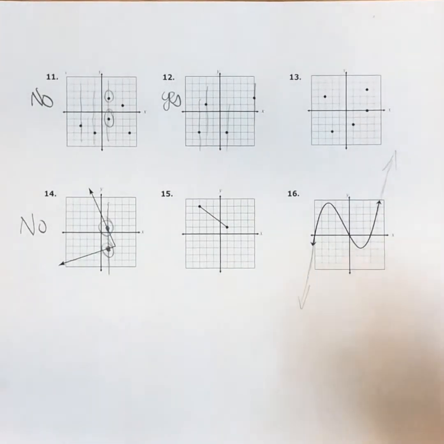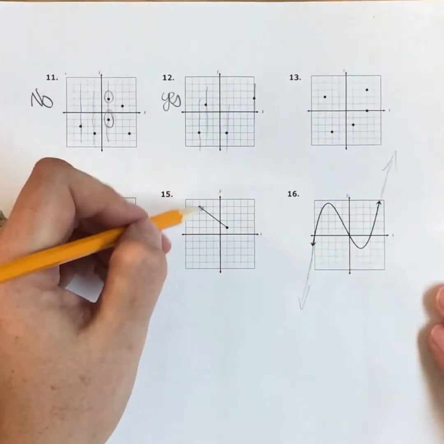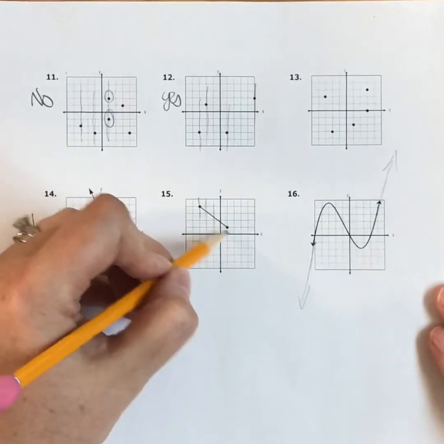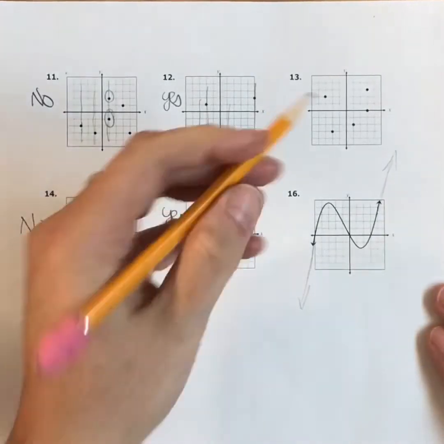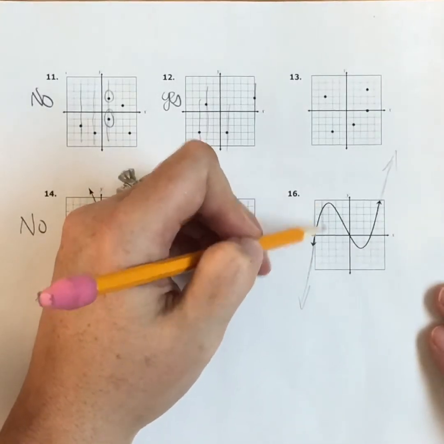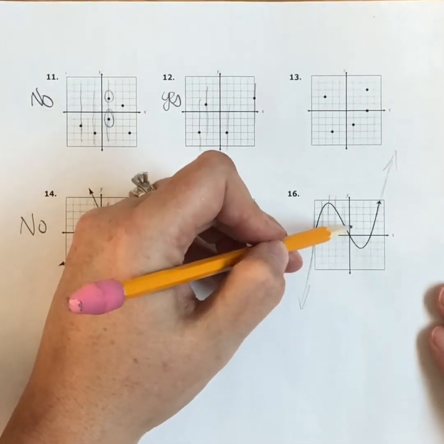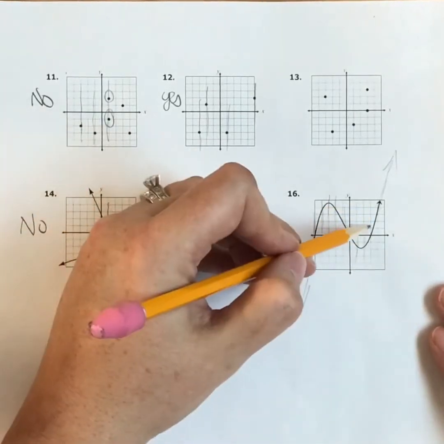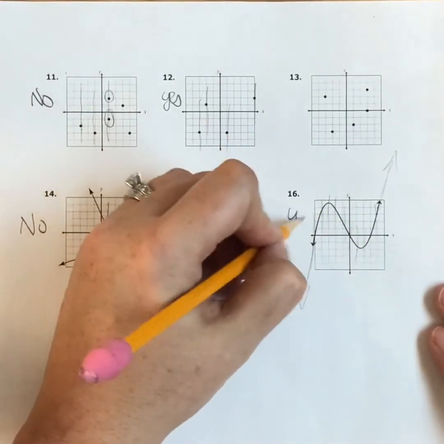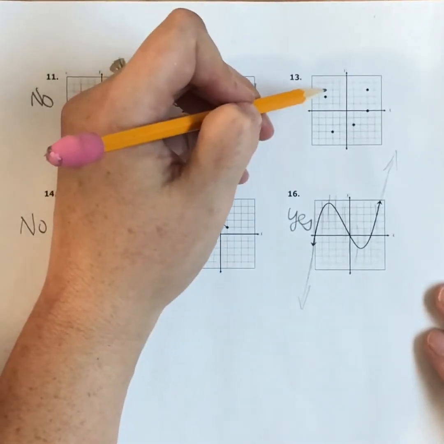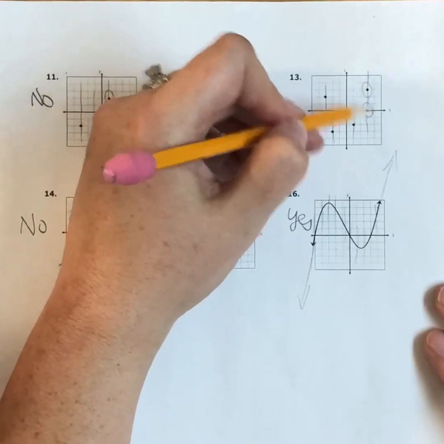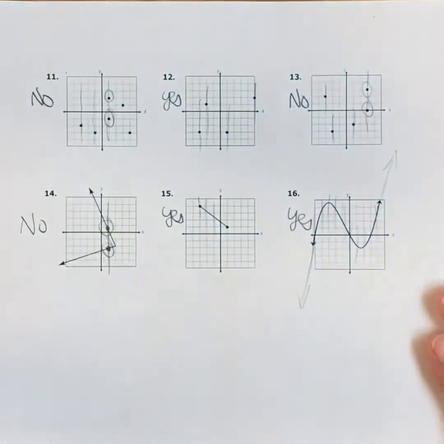In fact, let's just go through these together. So here we know each one of these are only hitting this line once, so yes, it is. And same thing here, if I was to draw all these vertical lines, it's only hitting that curve once. So yes, it is. And then over here, all these points, it's hitting once until we get here, and this is where it fails. So no, it's not a function.